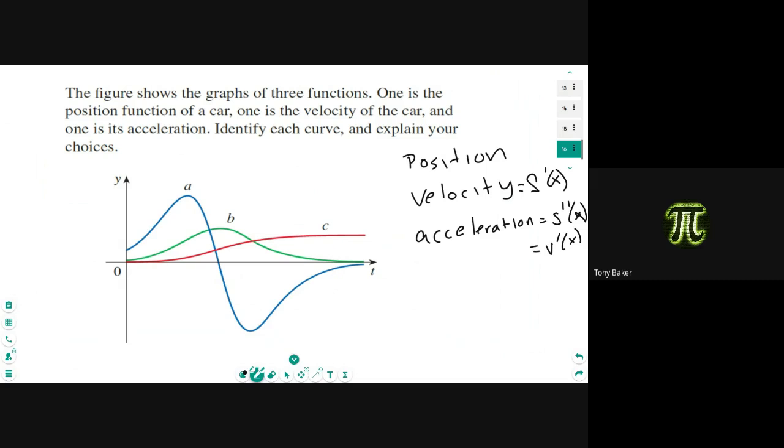So if we look at A, where's the peak? Right there, and that's the min. If we were taking the derivative of A, one of these has to be 0 at that point, correct? And it's not. So A is definitely not the position.